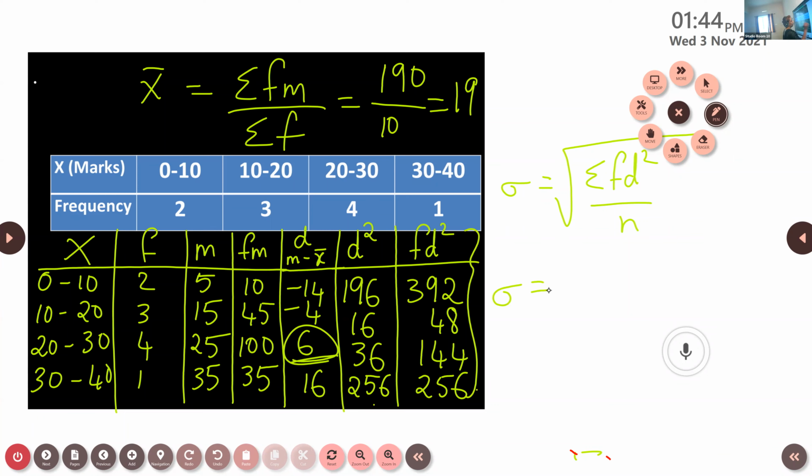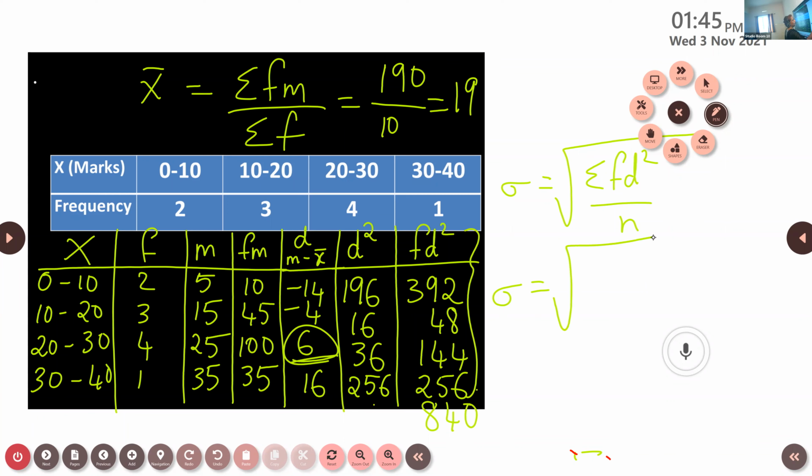So sigma is equal to total. Anyone got the total? 840. Okay, that is the total, 840.